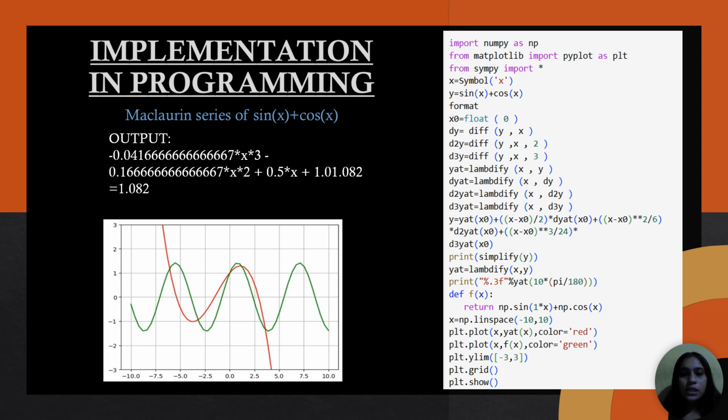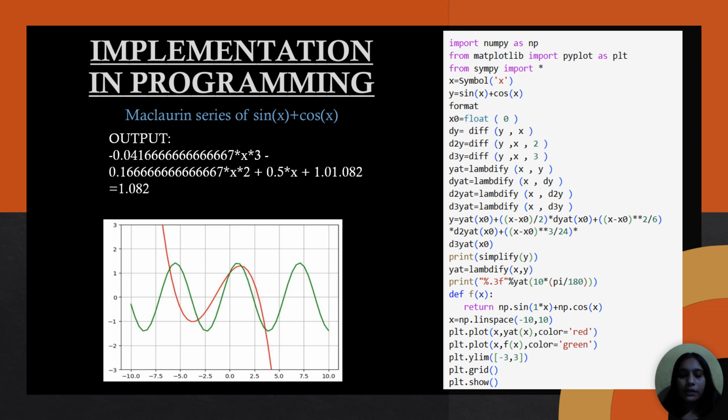So in this question, first we have to import certain libraries, like import NumPy as np, and then from matplotlib import pyplot as plt, and from SymPy import. So here we are importing libraries like NumPy, pyplot and SymPy.